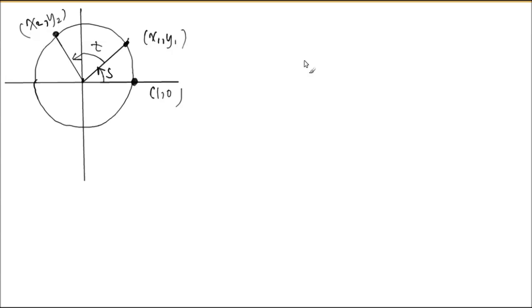So what is y2 there in terms of s and t here? Sine coordinate, because the y coordinate is a sine, right? But what is the angle? Angle is not s. We first go s and then go t more. s plus t. Isn't that what we wanted to know? Right? How about x2?